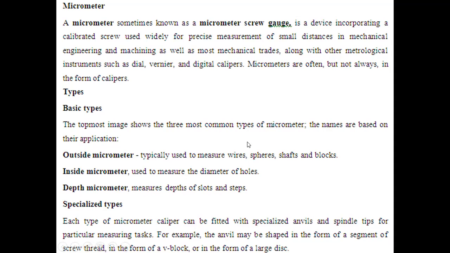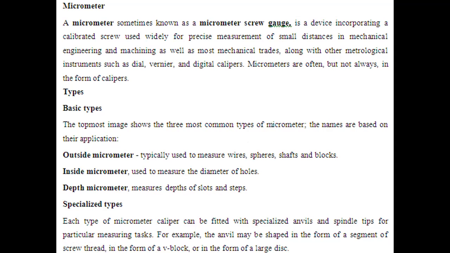There are different types of micrometer as listed here. One is the outside micrometer. Using this micrometer, we can quantify the dimension of a spherical jaw, a cylindrical shaft-like appearance, rectangular blocks and cubical blocks.